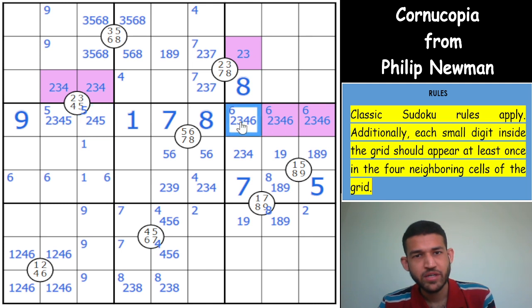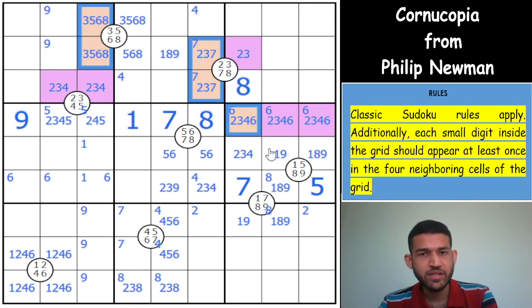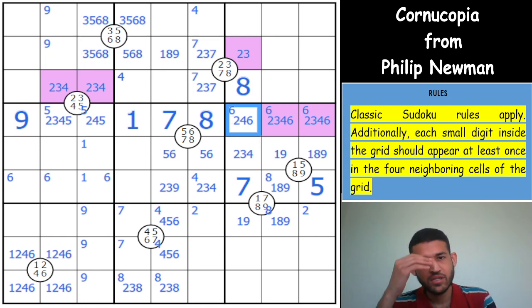Can this be a 3? That's a 3. Then 3 goes in this area, 3 goes in this area. So 3 is eliminated here, 3 is eliminated here. Okay, so the orange cell that we started out with cannot be a 3. So this is a 2, 4 and 6.